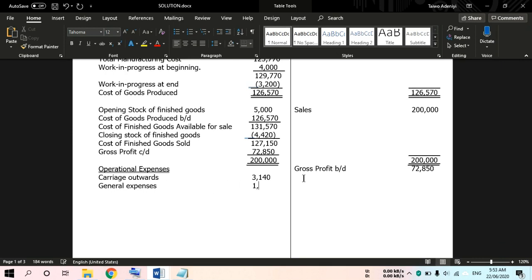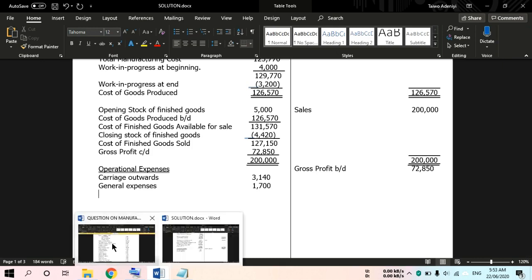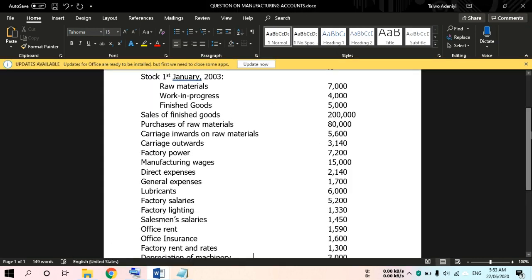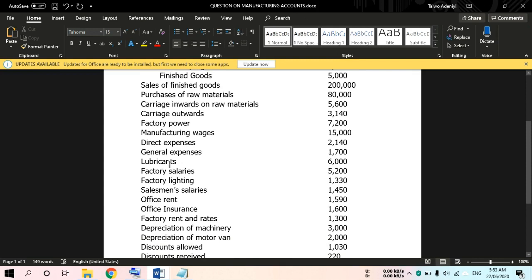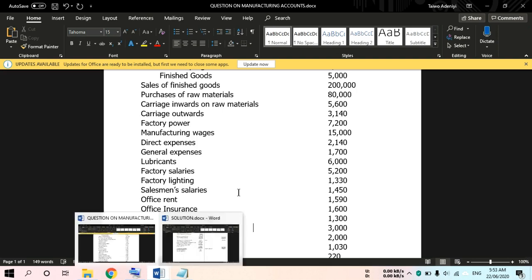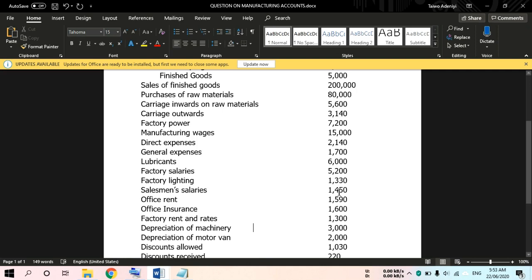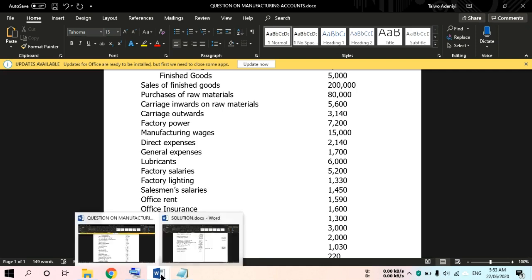Next, after the general expenses, you have the lubricants, no, factory salaries, no, salesmen salaries, and that amount is 1,450 naira.